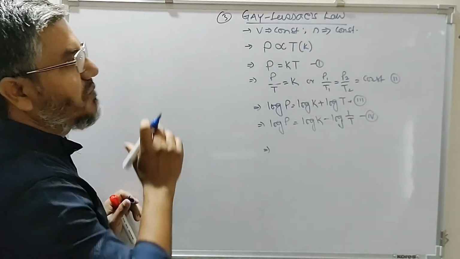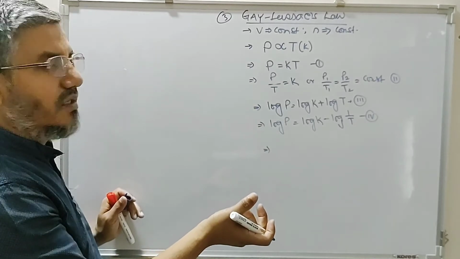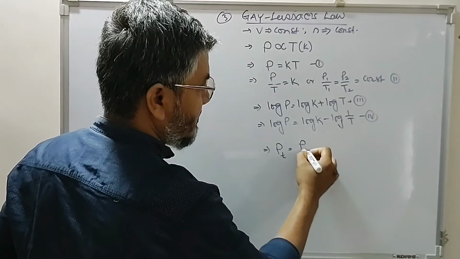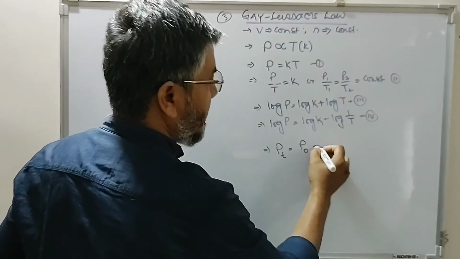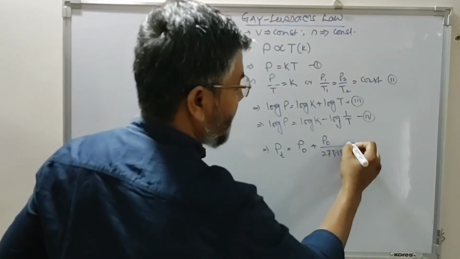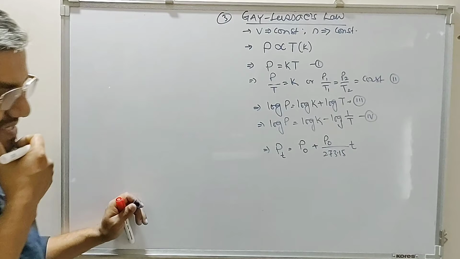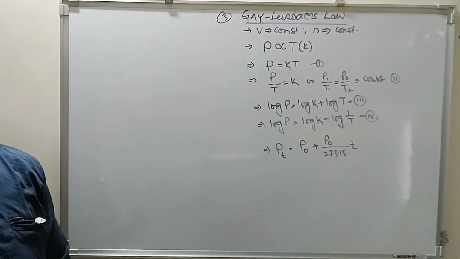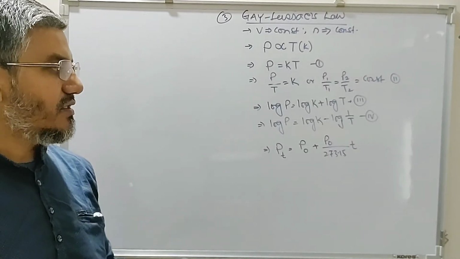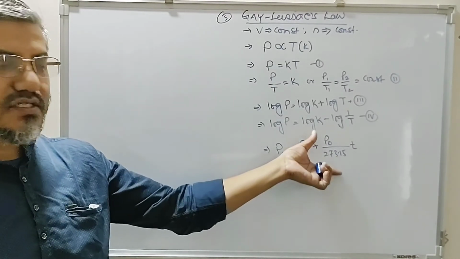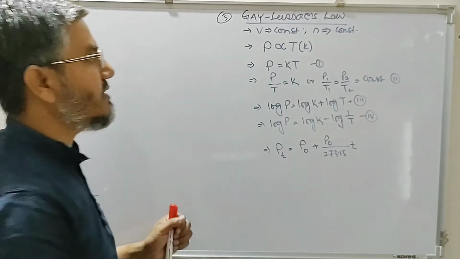If the measurement is in terms of degree centigrade, the equation is: pressure exerted by the gas at T degree centigrade is equal to pressure exerted by the gas at 0 degree centigrade plus P naught by 273.15 times degree centigrade. That means for every change in temperature by 1 degree, pressure changes by a factor of 1 by 273.15 times the pressure exerted by the gas at 0 degree centigrade.